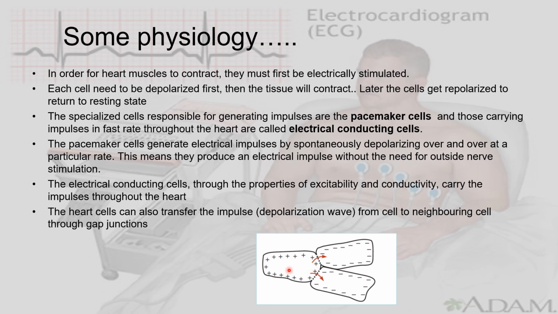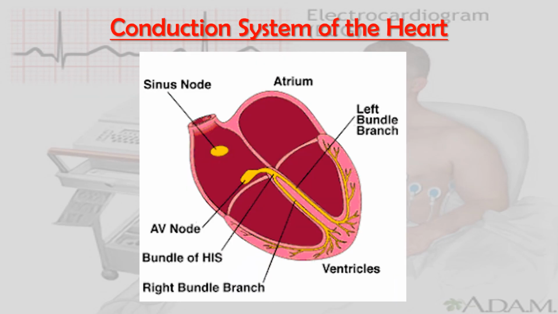I mean, when one cell is depolarized, it can depolarize the next one, and the next one, and the next one. So we have cell-to-cell depolarization which can occur in addition to the specific conduction system of the heart.